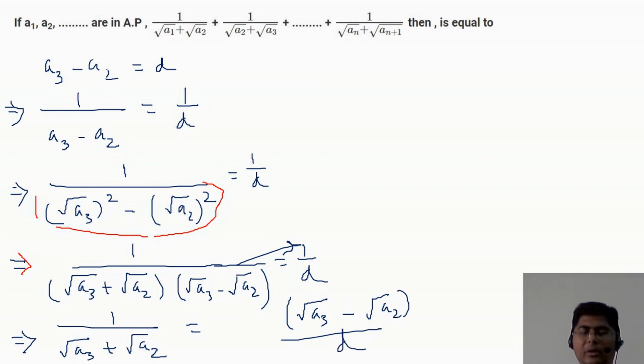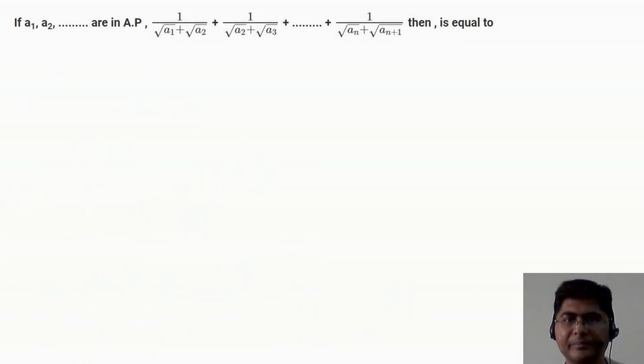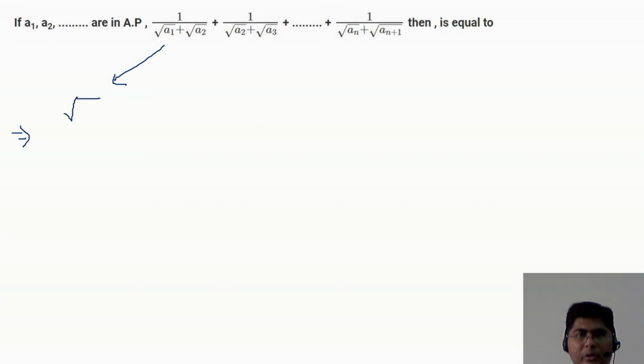Okay, so as you can understand, these things can be replicated for all the terms, right? So let us look at how this will be in the final equation. Now this can be written as root over a2 minus root over a1 divided by d.